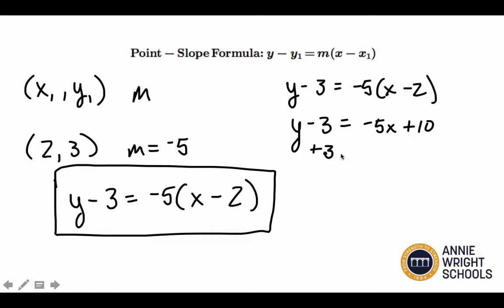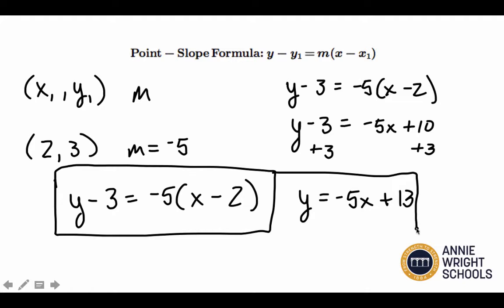Now I add 3 to both sides, and I get y equals -5x plus 13. So this equation on the right is a different form of the equation on the left. This is point-slope. This is slope-intercept. They're both the exact same line.